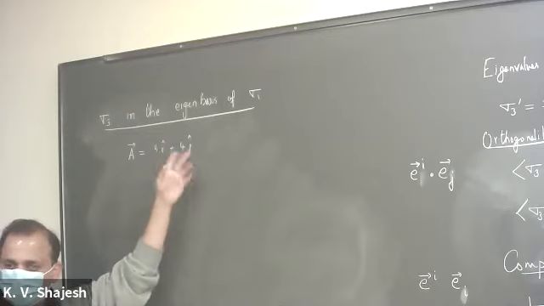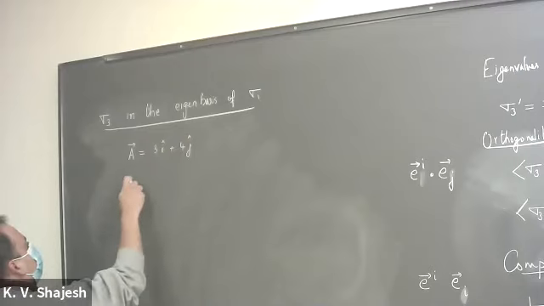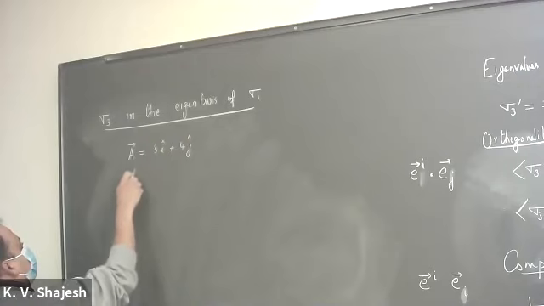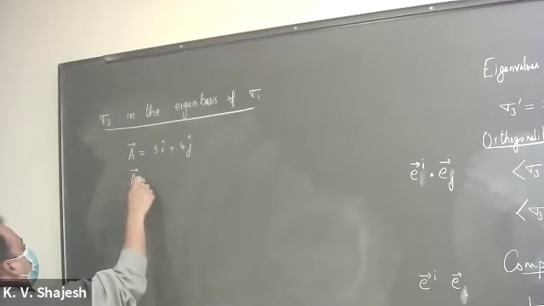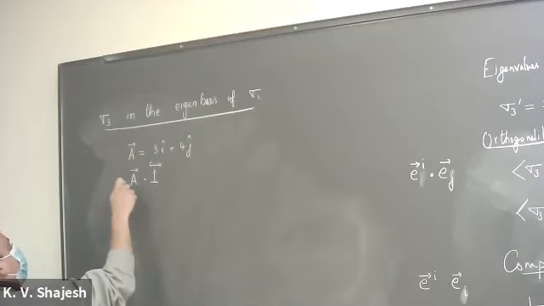The moment I say i and j, it's rectangular coordinates. But what if I want to convert this into spherical coordinates, or polar coordinates? What I would do is start with vector A and multiply it with 1. This is a completeness relation, and I do that.